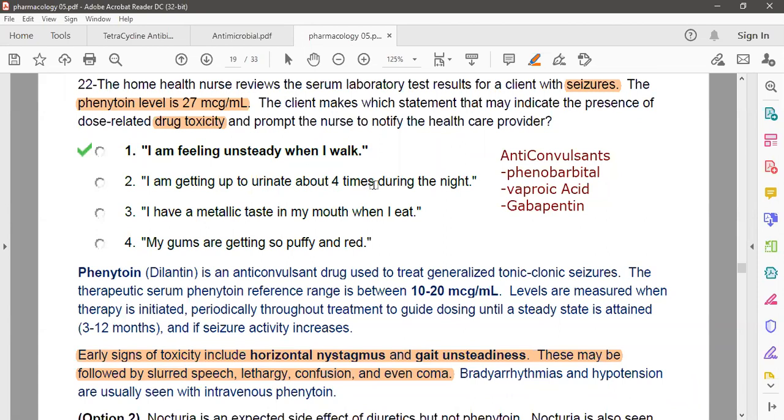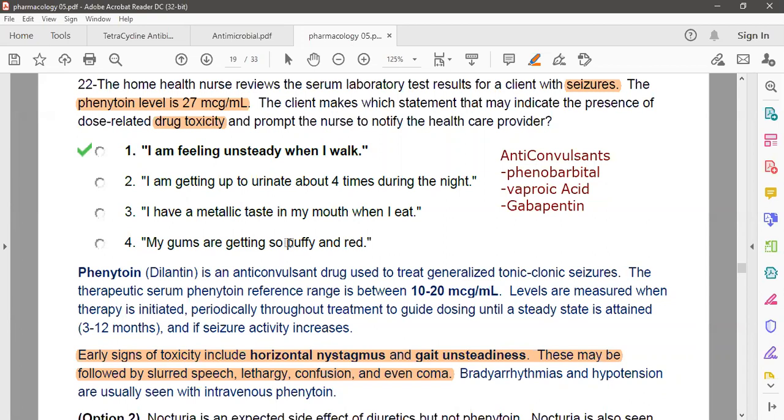It is a normal sign. I have a metallic taste in my mouth when I eat. It is also a normal sign for those who take phenytoin. My gums are getting puffy and red. It is also a known side effect of phenytoin. We can tell our patient about it.